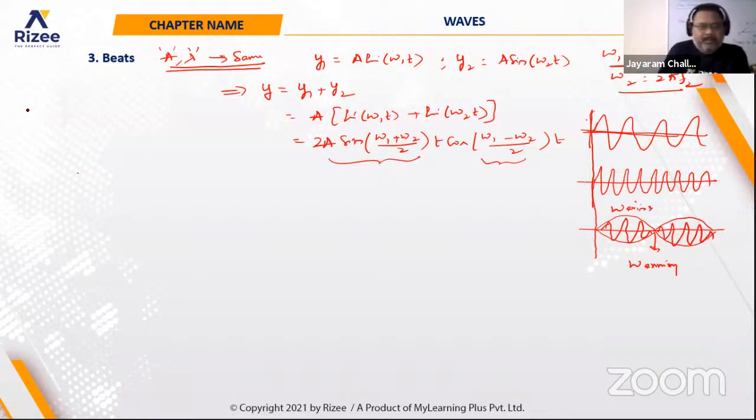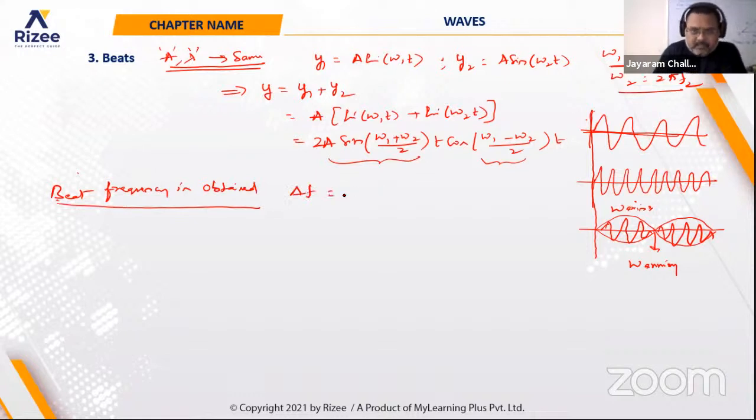Okay, and your beat frequency is obtained as delta f, the beats per second, equal to f1 minus f2, that is the greater value of the frequency minus the smaller value of the frequency.